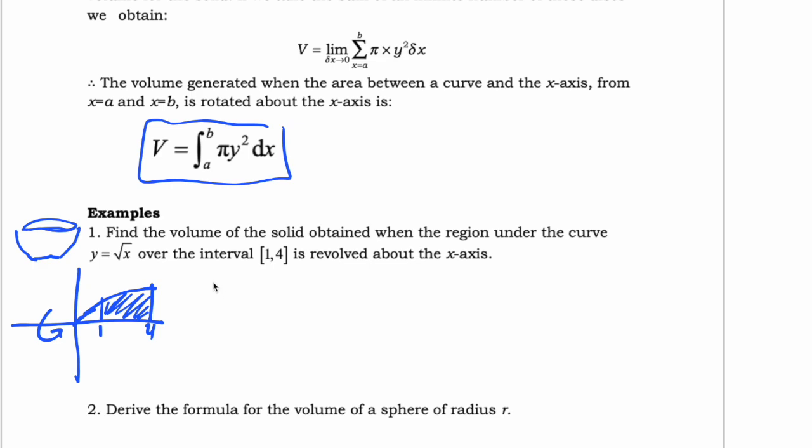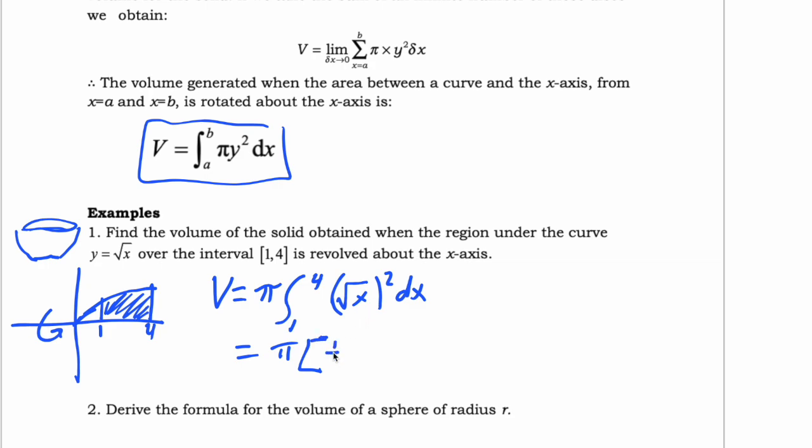Well, you can just do volume equals, and I often factor out the constant pi. So pi times the integral from 1 to 4 of y squared, don't forget the squared part, so this is just root x squared, which is a very easy integral to do. This is just the integral of x, so it's just half x squared evaluated from 1 to 4.